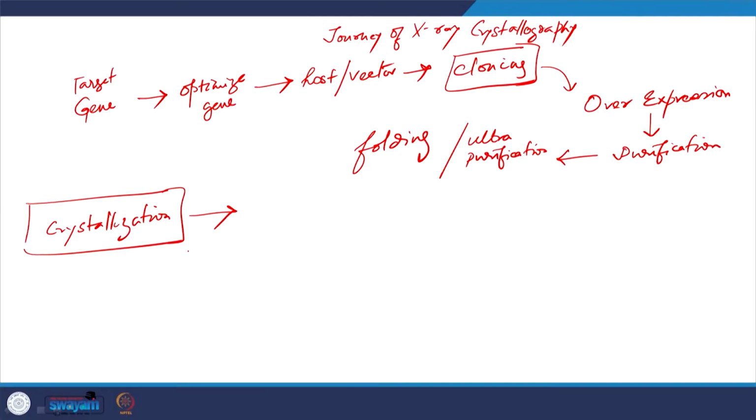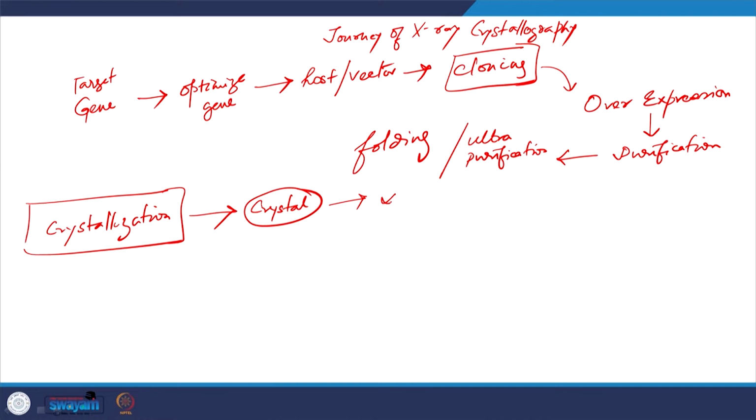And then from crystallization we got a crystal. So, we looked at the crystal, we checked whether the crystal is a protein crystal or not, and then we go for diffraction.